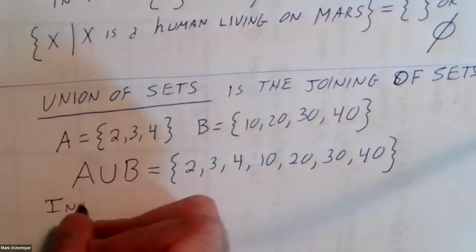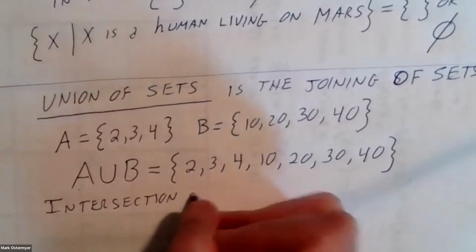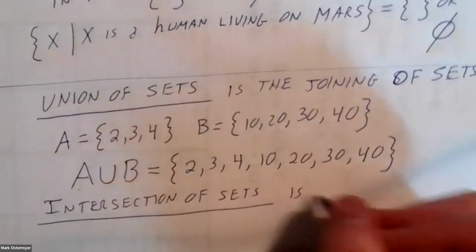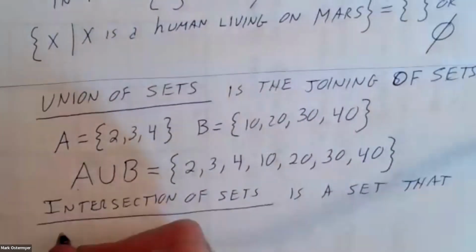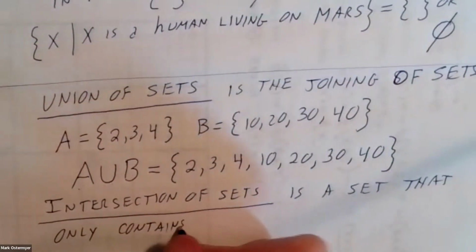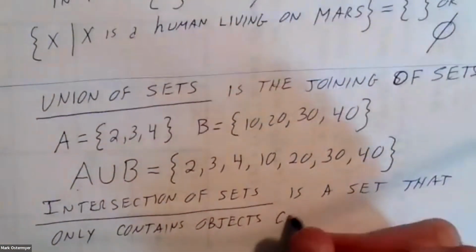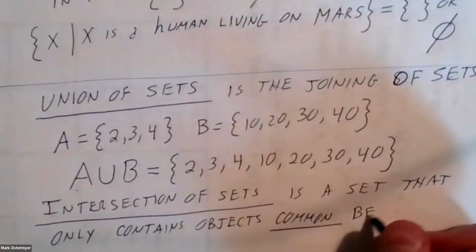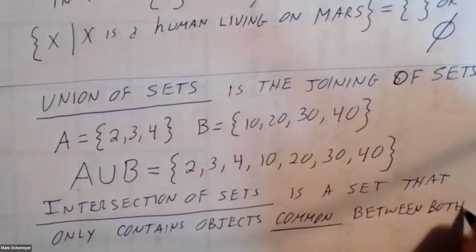What's the intersection of sets? The intersection of sets is a set that only contains objects common between both sets.